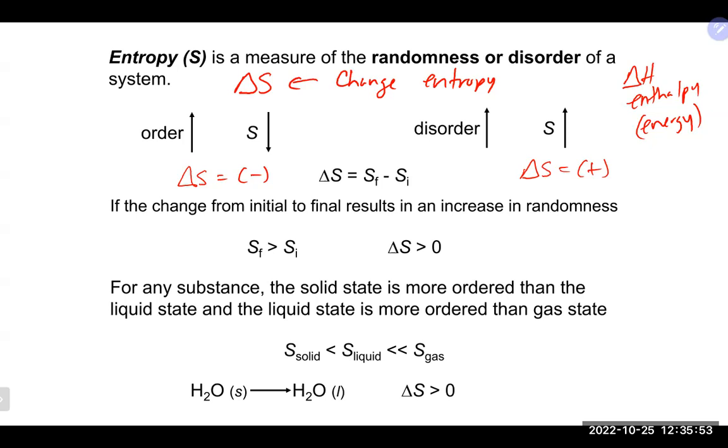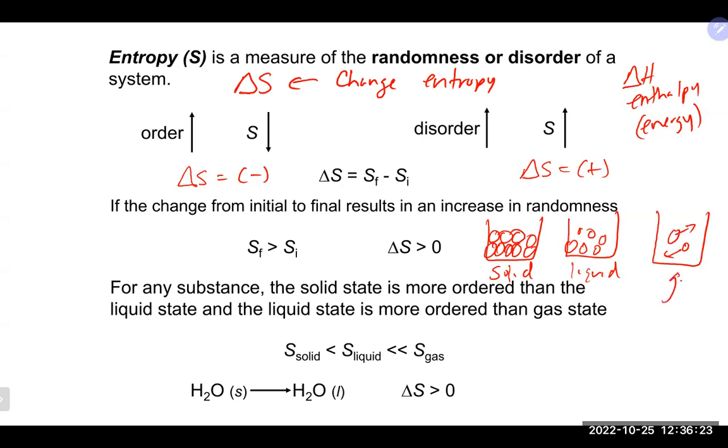One of the easiest things to visualize in terms of entropy and disorder is the changes in state. As we go from solid, where everybody is packed in pretty tight to one another and pretty ordered, to liquid, where they're still relatively packed in tight to each other but with a little bit more room for movement, to gas, where they are completely broken apart and flying around, we are creating more disorder.